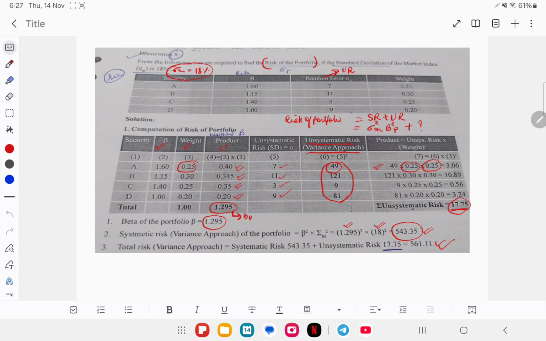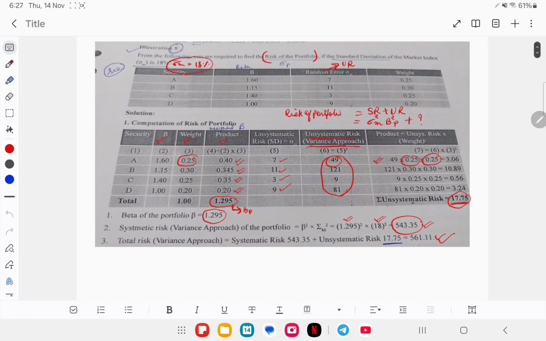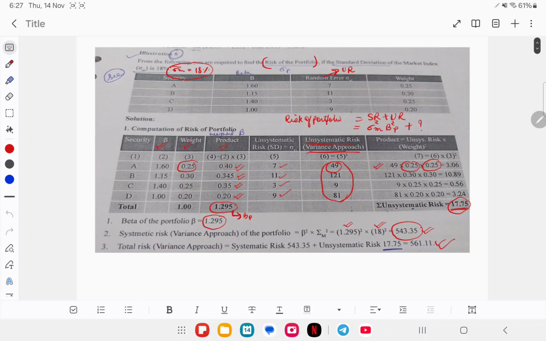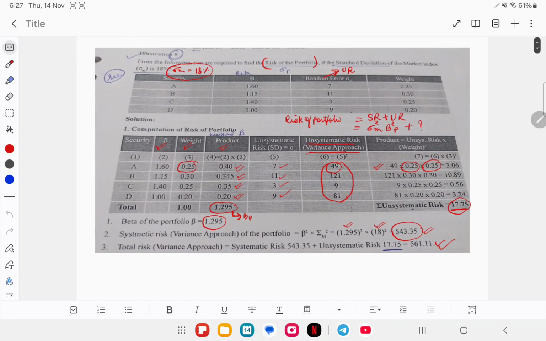And in this question you have to calculate unsystematic risk. How will you calculate it? The random error was given; we calculate unsystematic risk of portfolio using the variance approach, and here it was only given the risk values, so you will do the square of these values to calculate the unsystematic risk.